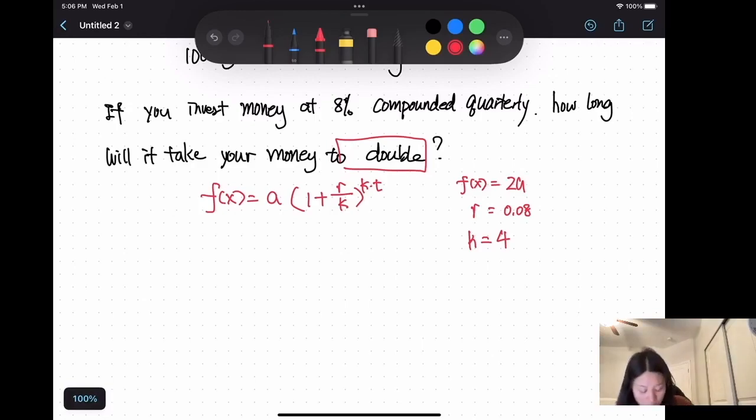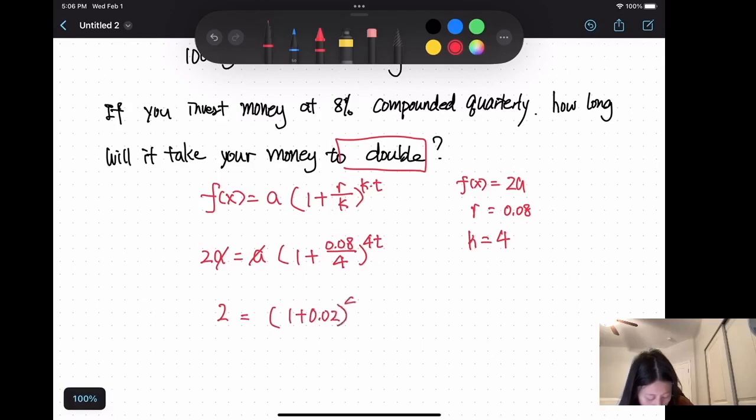Okay, so we substitute everything that we know and try to solve for the time. Okay, so now we can divide both sides by a. So 2 equals 1 plus 0.02 over 4t, which is 2 equals 1.02 to the 4t.